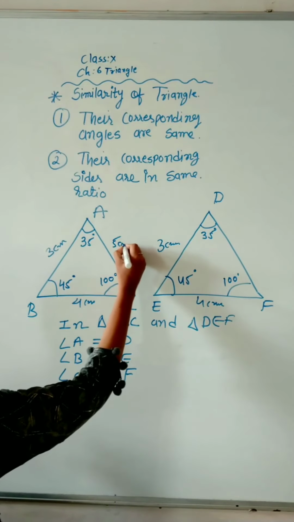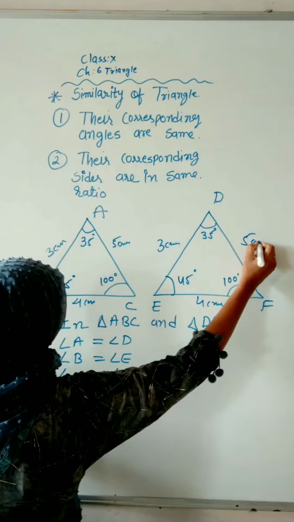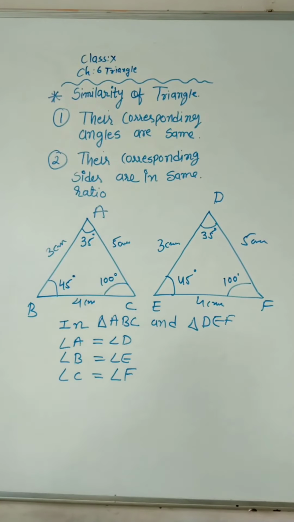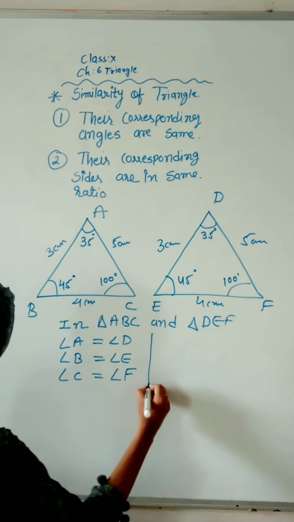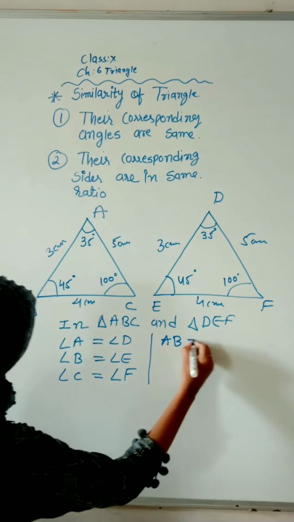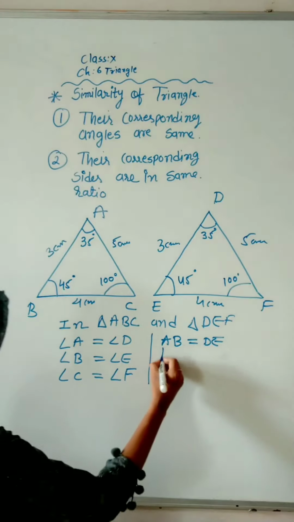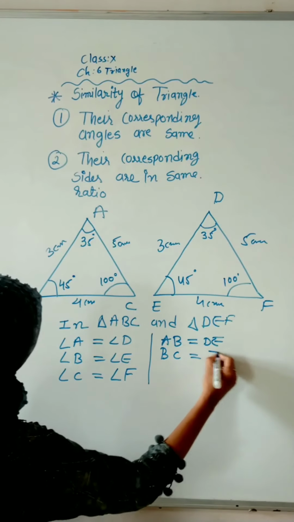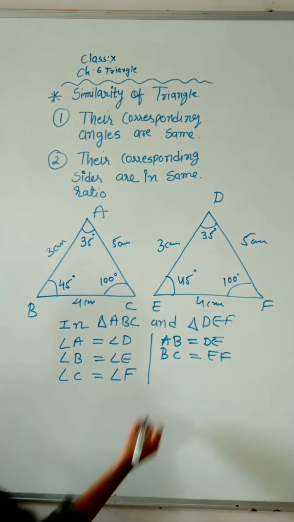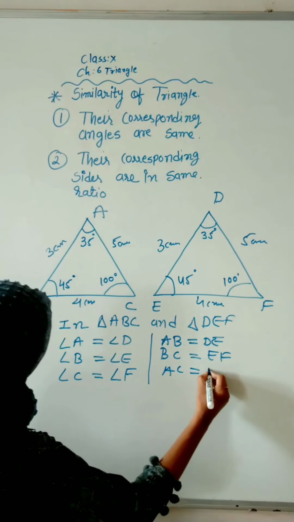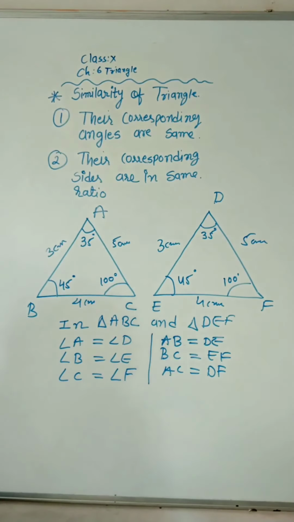And this one is 5 cm, this compulsorily should be 5 cm. Then for the other three parts, we were writing that AB is exactly equal to DE, BC is exactly equal to EF and AC is exactly equal to DF.